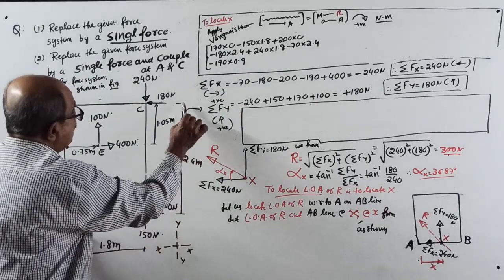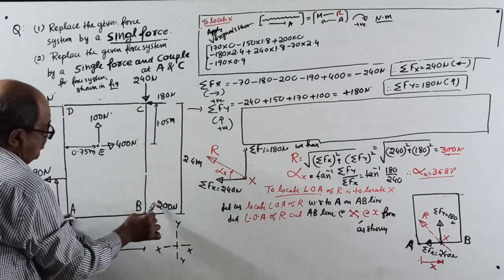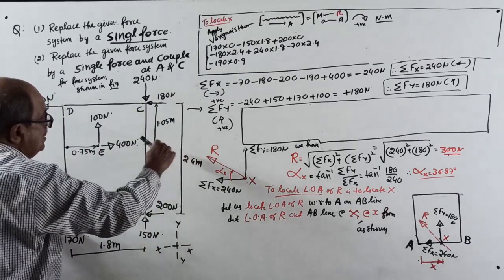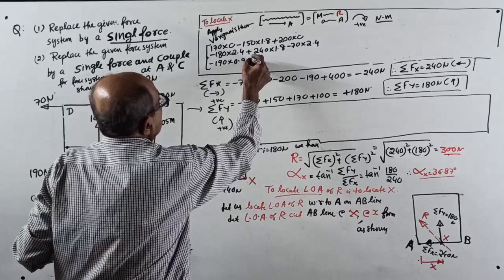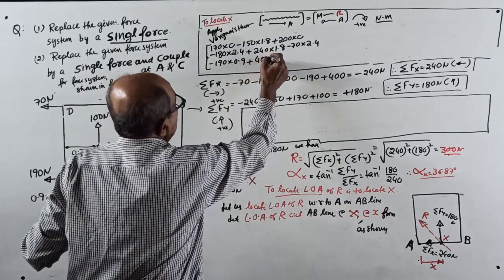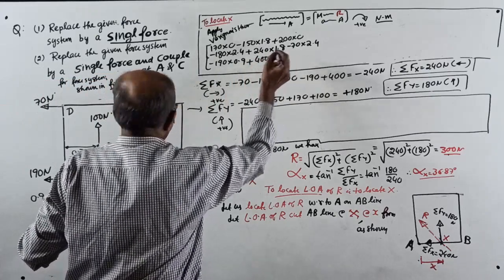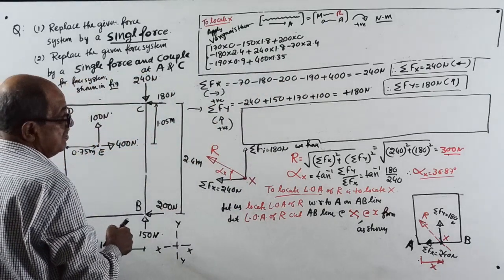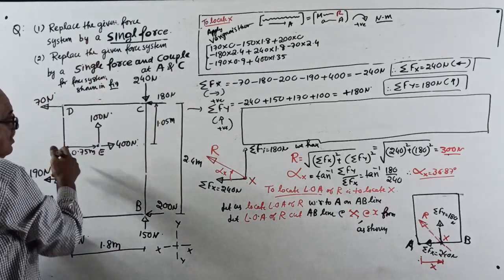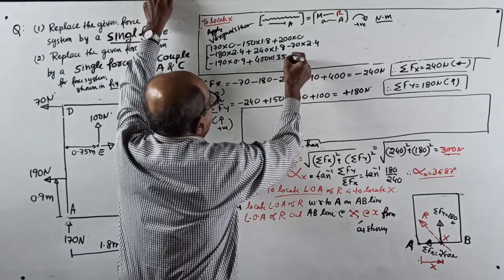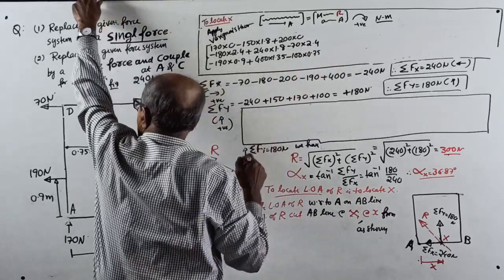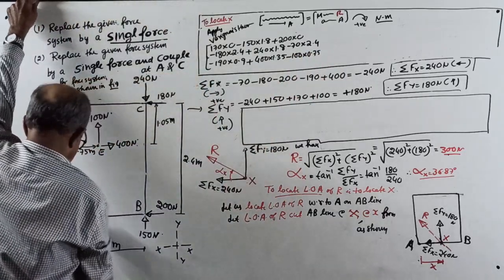This is 2.4 meter, this is 1.05, so this will be 1.35 meter. 400 into 1.35 plus, because why? Clockwise. And then 100 into 0.75 anti-clockwise, minus 100 into 0.75. All over, it's all over.